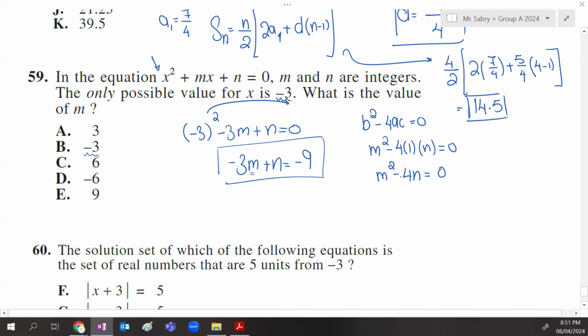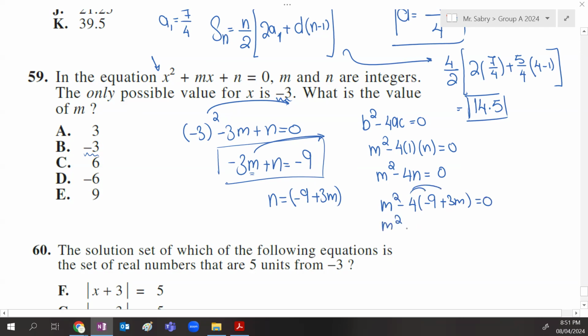Yes, that's true. Now I'll substitute بقى أظبط شوية. I'll move ال -3m to the other side. I'll have now n equals -9 plus 3m. وسبستيتيوت ده مكان ده: m squared minus 4 times (-9 plus 3m) equals 0. Distribute.